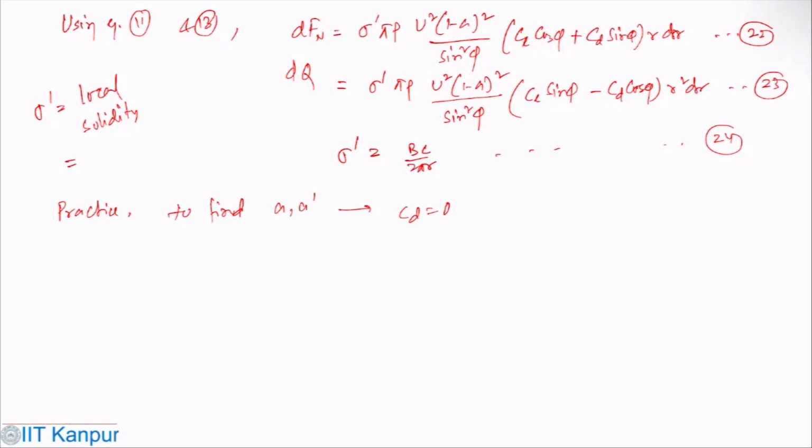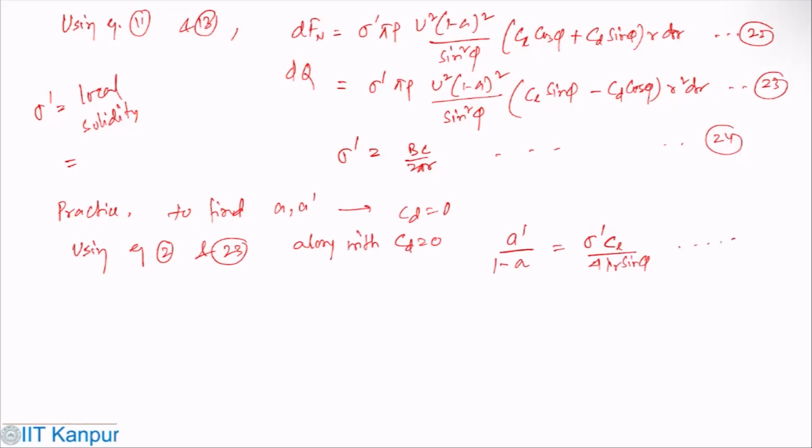So when the torque equations from momentum and blade element theory are equated, that is equations 2 and 23 with CD 0, we get a prime by (1 minus a) equals sigma prime CL by 4 lambda r sin phi. So this is 25.